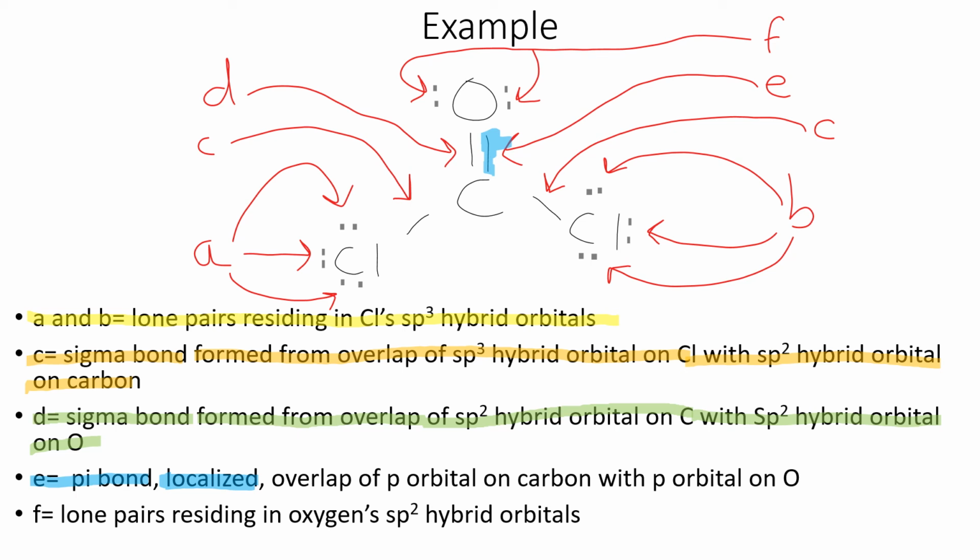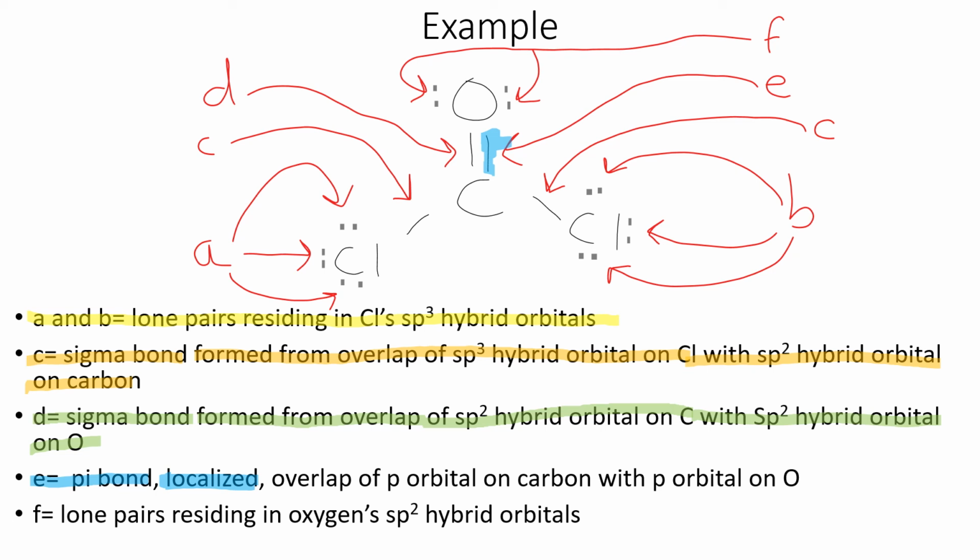Well, for pi bonds, how do we describe that? Which orbitals are involved? Well, pi bonds, we said, usually result from an overlap of unhybridized p orbitals that weren't used in the hybridization. Because remember, carbon was sp2. What do we have left over? A p orbital. Oxygen is sp2.